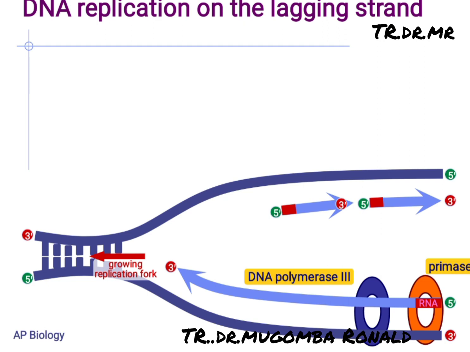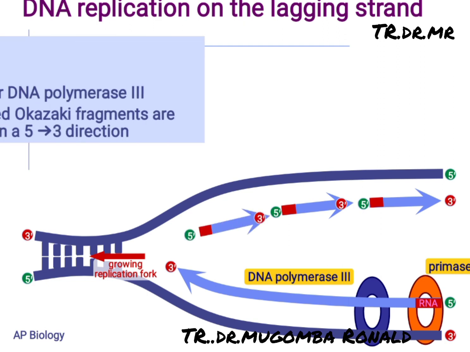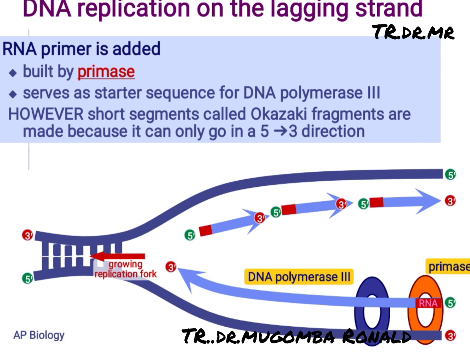DNA nucleotides are also added in that way. RNA primers are added by the primase enzyme. We saw that already. However, short segments called Okazaki fragments are usually made because it can only go in the 5' to 3' direction.